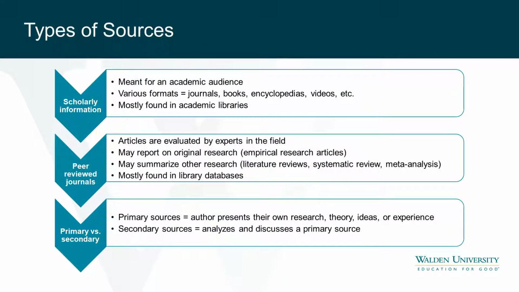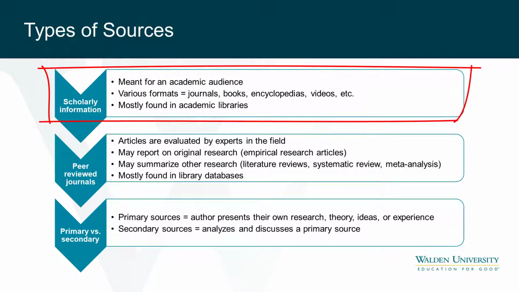One last item to cover before we jump over to the library, scholarly information. This is a big umbrella term that means any publication meant for an academic audience. It can come in a variety of formats, including journals, books, encyclopedias, videos, and you'll mostly find them in academic libraries.